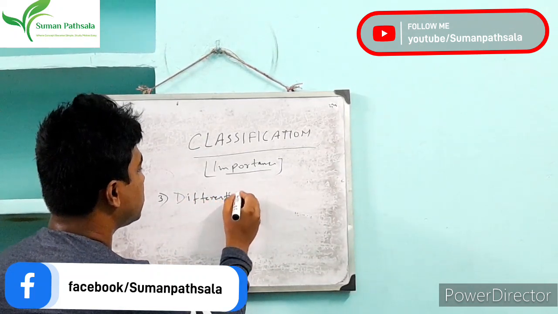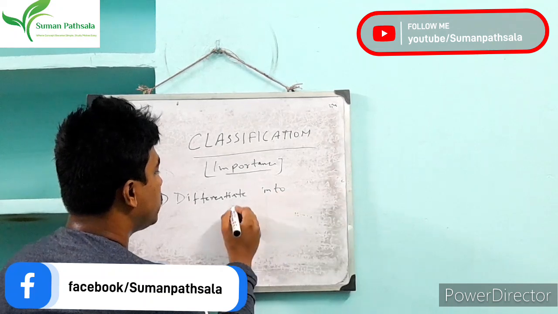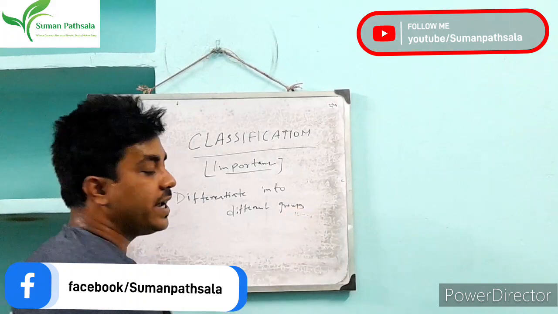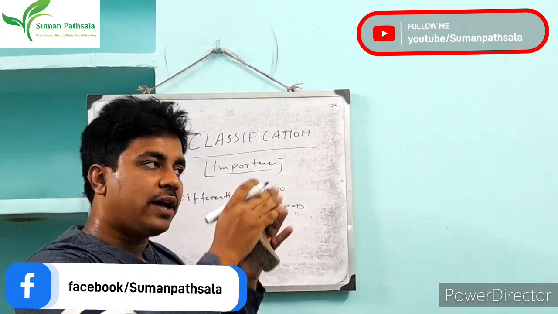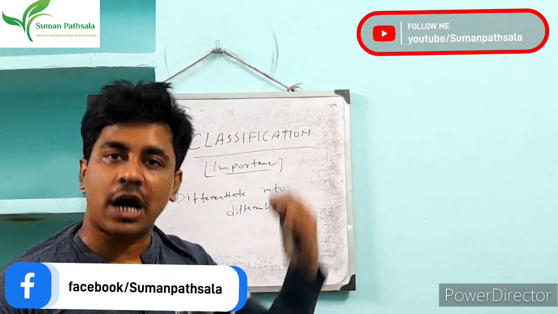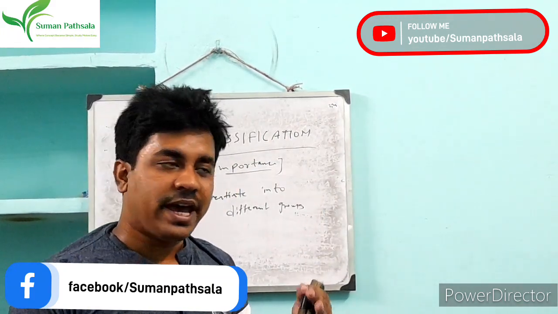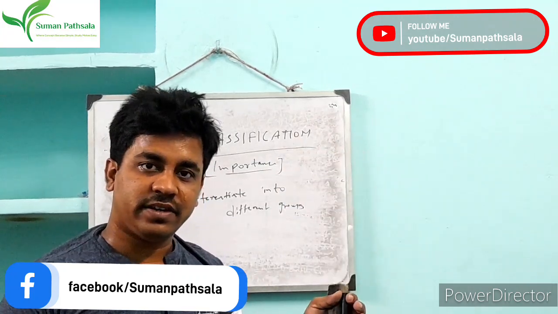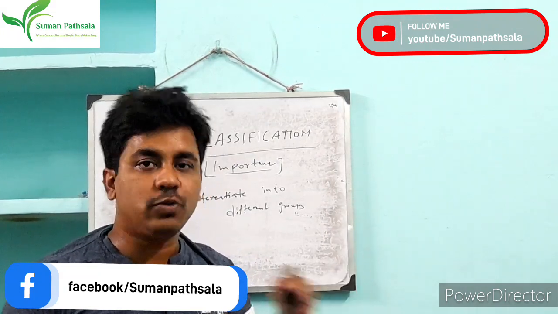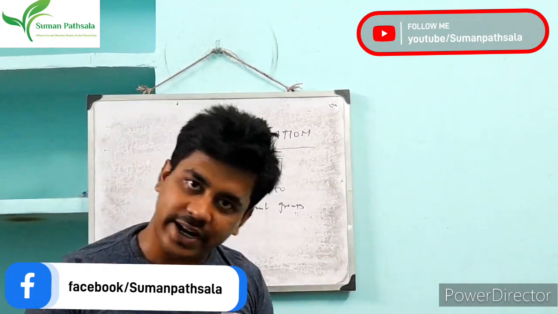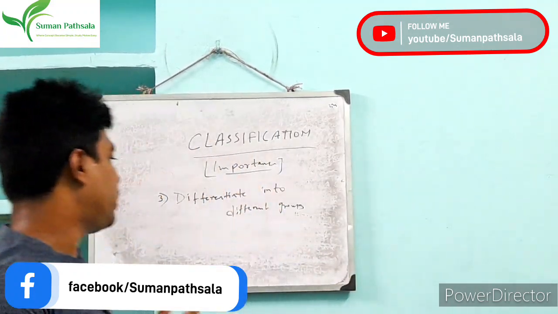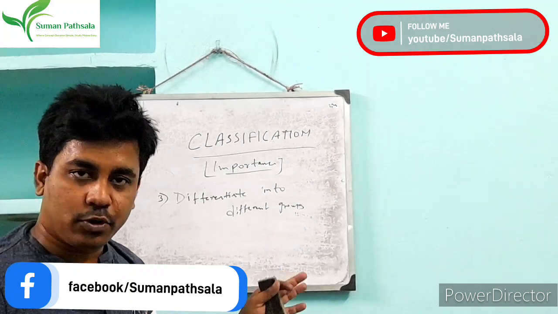Suppose some organisms have a huge height, and you classify according to their height. Suppose some organism is 6 foot, some organism is 5 foot. You classify according to their height, who is short, who is tall. You can differentiate properly. This is another importance.